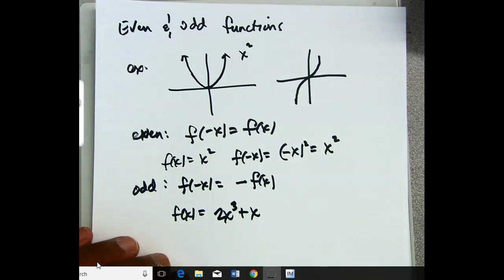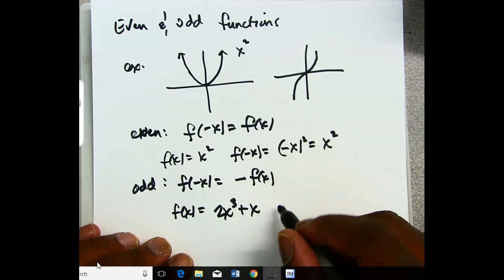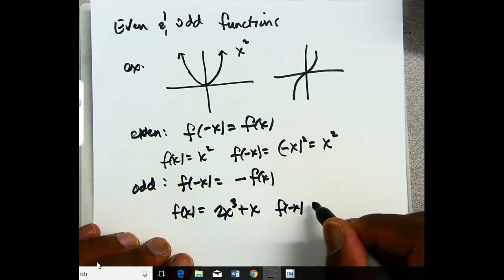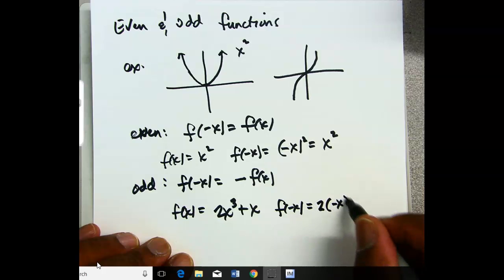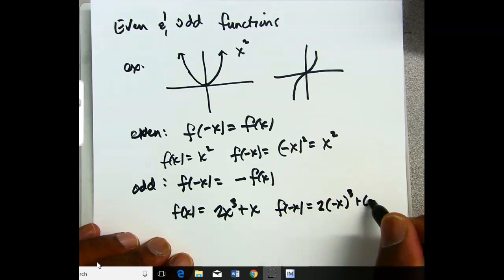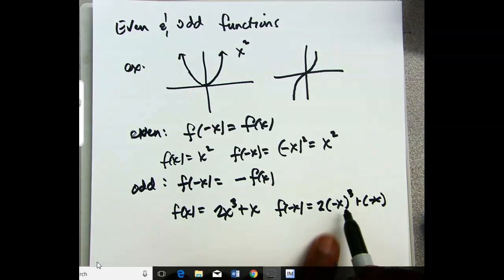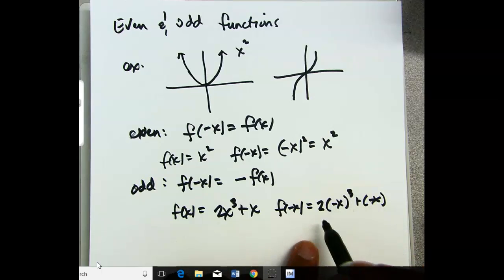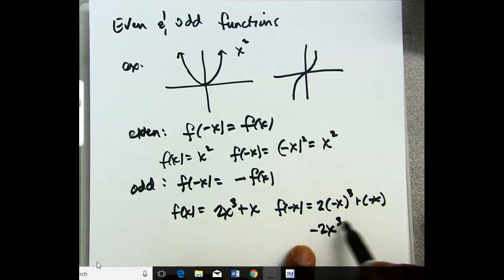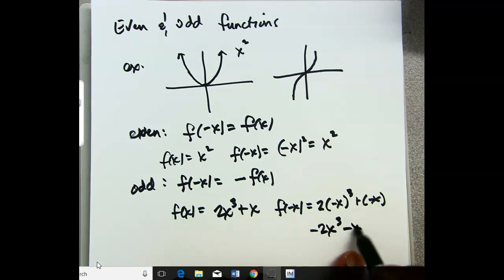If we evaluate f of negative x, then we're going to get 2 times negative x cubed plus negative x. So negative x times negative x times negative x is negative x cubed. So you're going to get negative 2x cubed and then minus x.